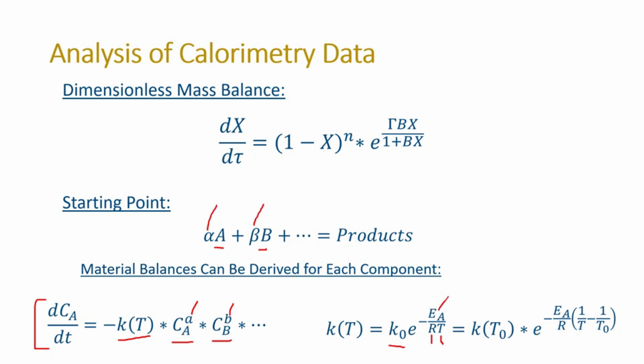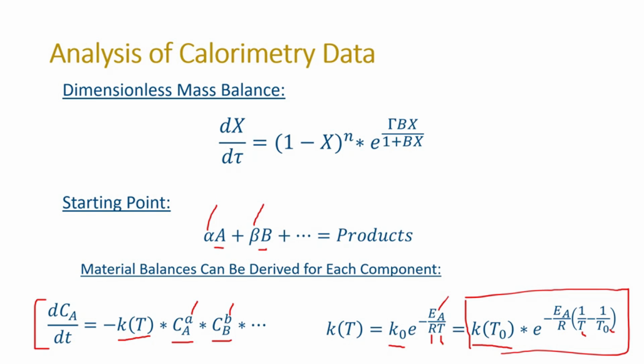We could prescribe the rate constant using a reference condition, for example, the rate constant at the onset temperature, and we see the expression for the rate constant in terms of the rate constant at the onset temperature, and again this E sub A over R term, where we're multiplying it by 1 over the temperature, minus 1 divided by that reference temperature, which in our case is the onset temperature.